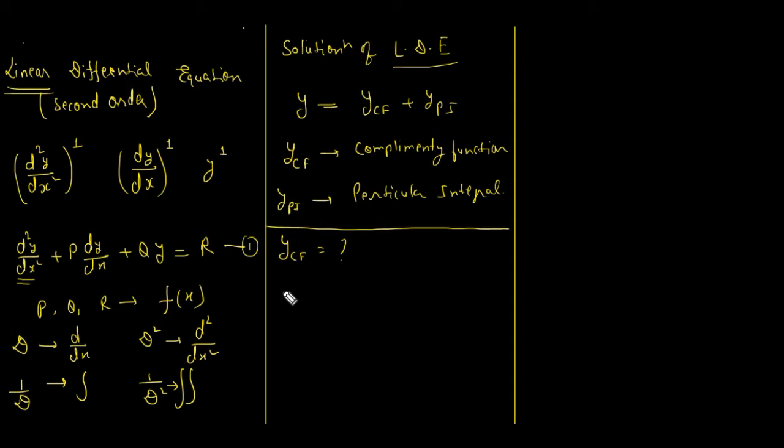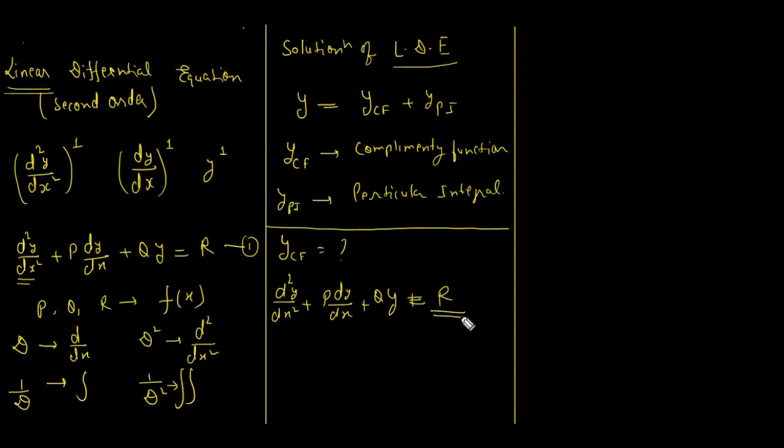So if we look at this equation, d2y by dx square plus p dy by dx plus qy is equal to r.